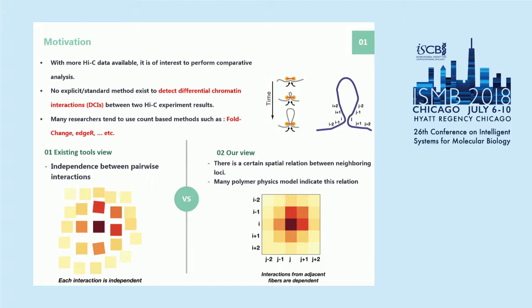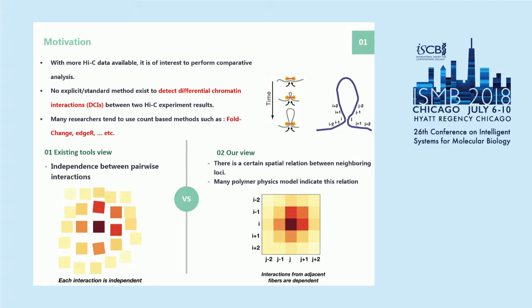However, when we go through the literature, we notice that there is no explicit method to detect differential chromatin interactions. Generally, researchers use count-based methods, such as the fold change, or methods such as EdgeR. But at a high resolution, the problem with these methods is that they treat each pairwise interaction independently.